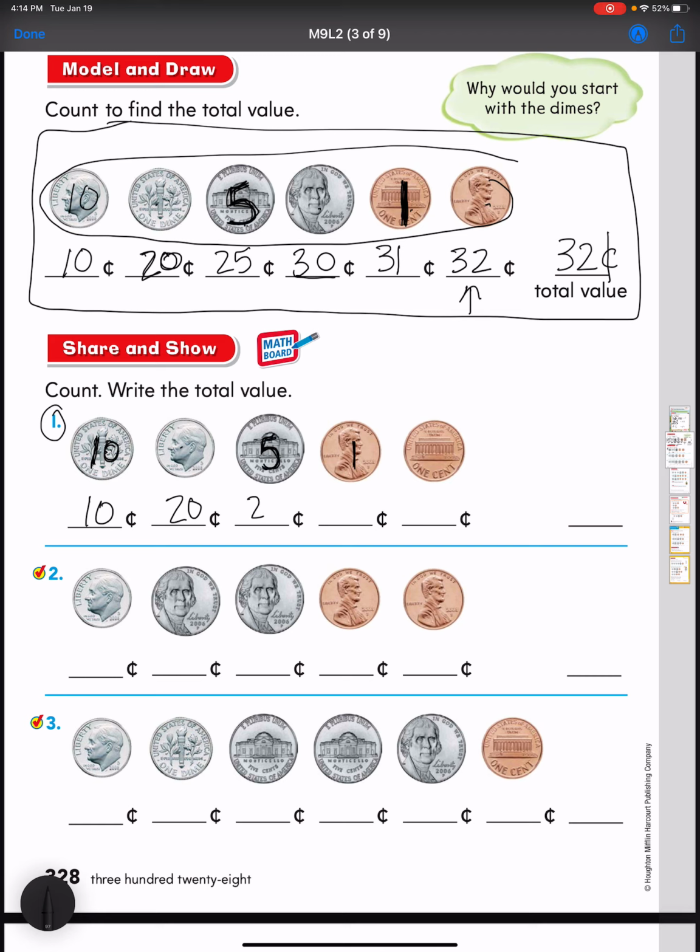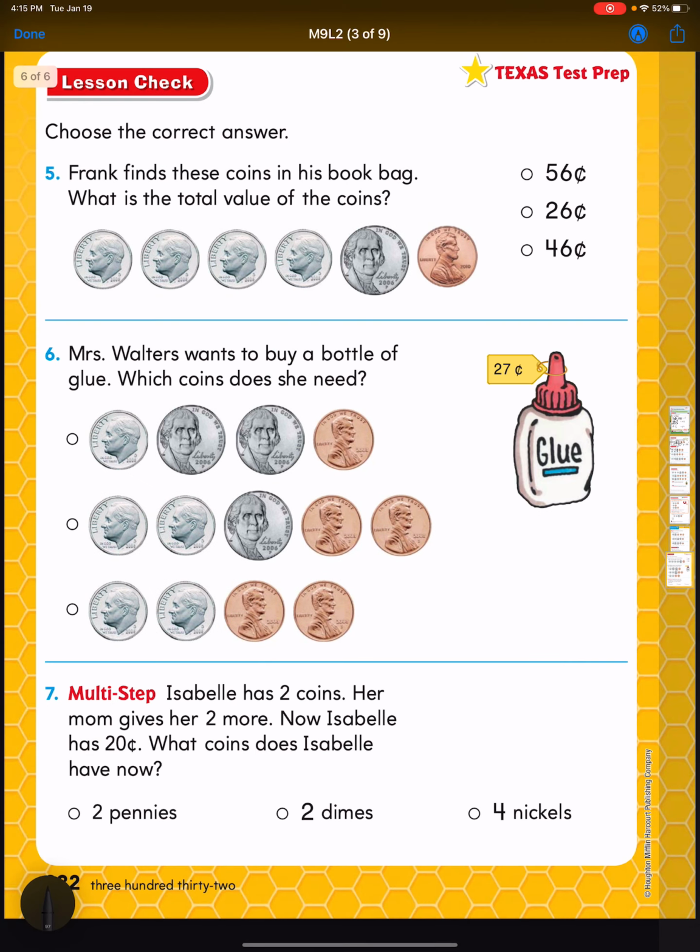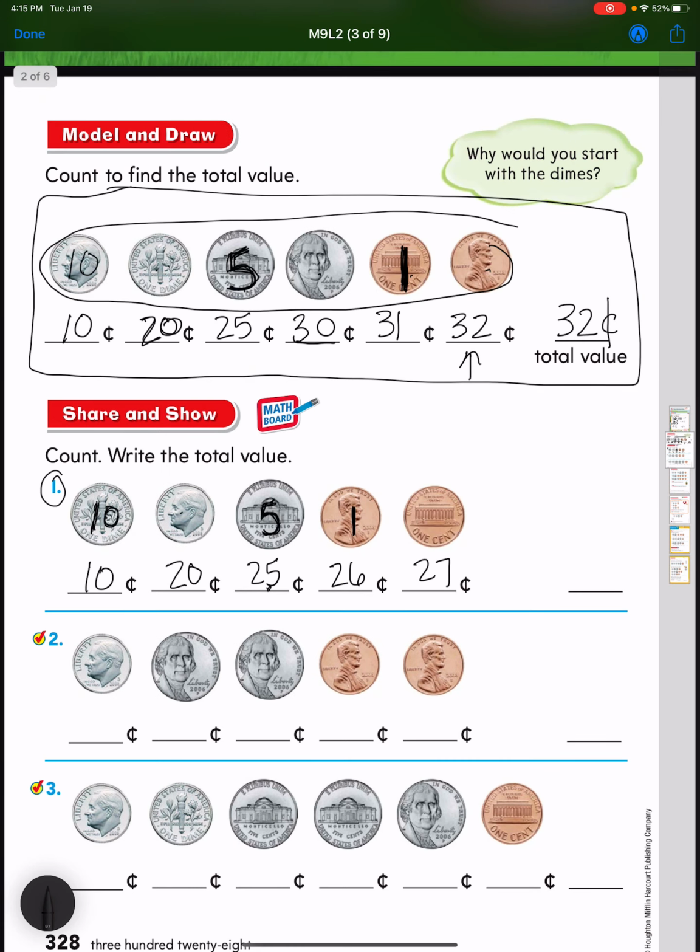So 25. 20 plus 5 is 25. And now I'm going to start counting by ones because I have pennies. So I go from 25 to 26, 27. I have 27 cents. Okay, that means these coins were worth 27 cents.